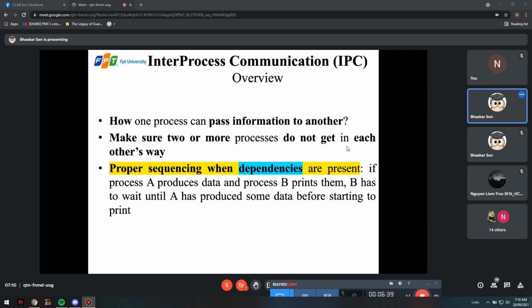Unless you synchronize these two processes properly, there's a fair bit of chance that they will overlap each other.